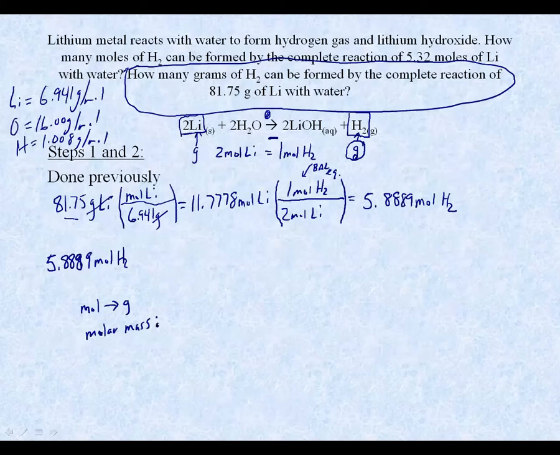And the important thing is we've now converted over to H2 in this problem, which means we want the molar mass of H2, which is 2 times 1.008, the molar mass of hydrogen. And that will give us a molar mass of 2.016 grams per mole. And that's what we're going to use here for the final part of the calculation. Here, the moles are going to go on the bottom so that they cancel. The grams are going to go on top.